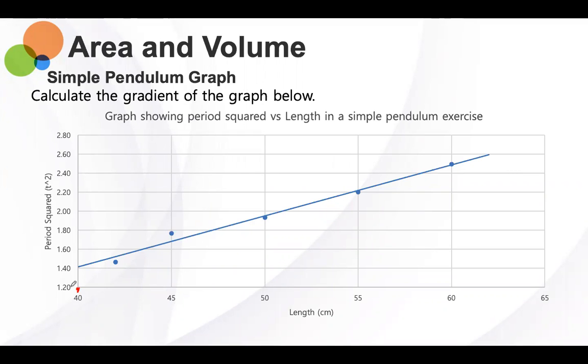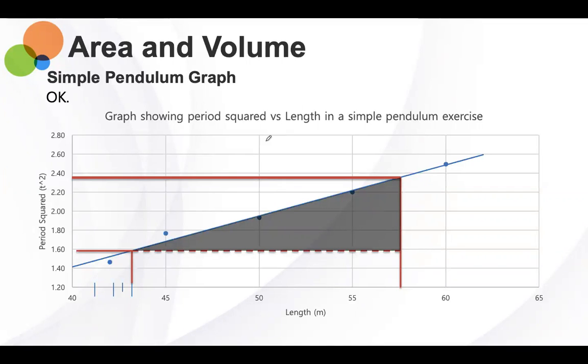We'll go ahead and calculate our gradient now. Our gradient is y2 minus y1 over x2 minus x1.